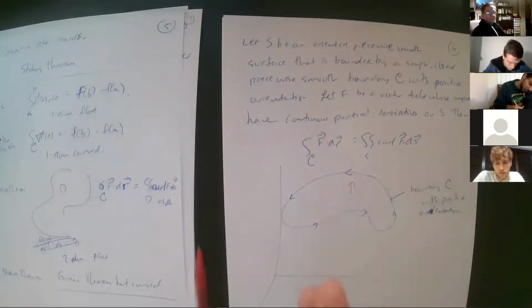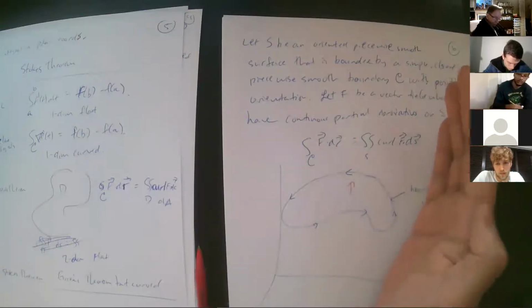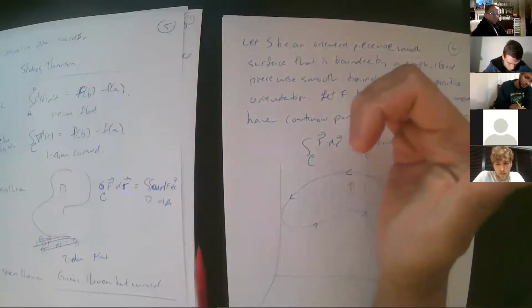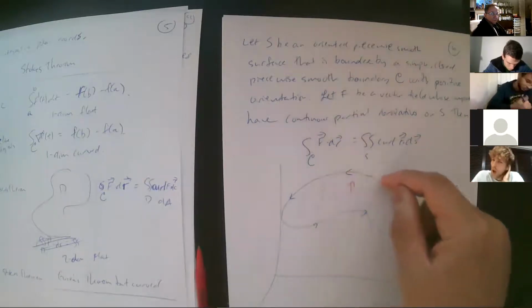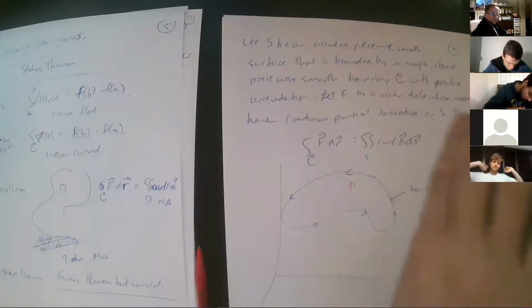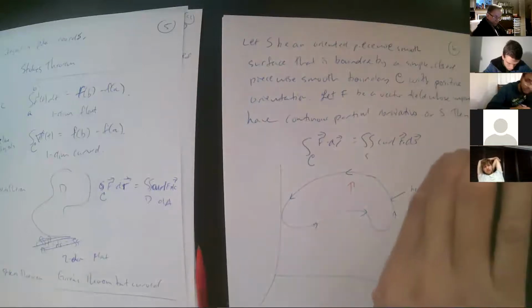My curve goes like this, following my fingers, and my thumb points up in the normal vector. So if the curve was oriented in the negative direction, then my surface normal vector would point downwards.